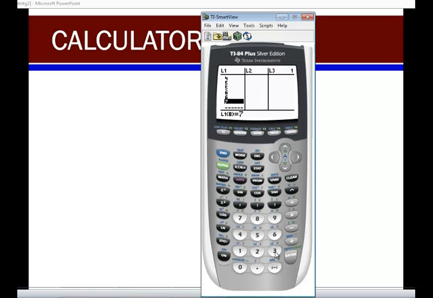Cursor to the last number in the set and make sure you've got the right number. It says 8. Hit Stat. Go over to Calc. Select number 1. Press Enter. And you will get the mean, the sum of all the numbers in the set, and this S followed by X means the standard deviation of those numbers.